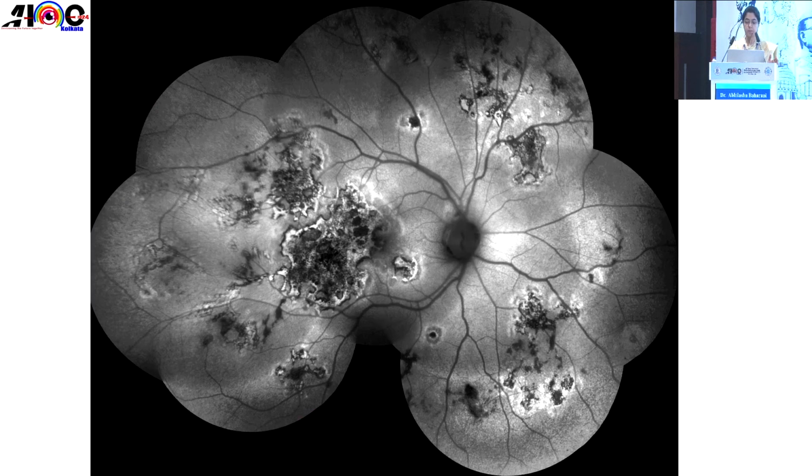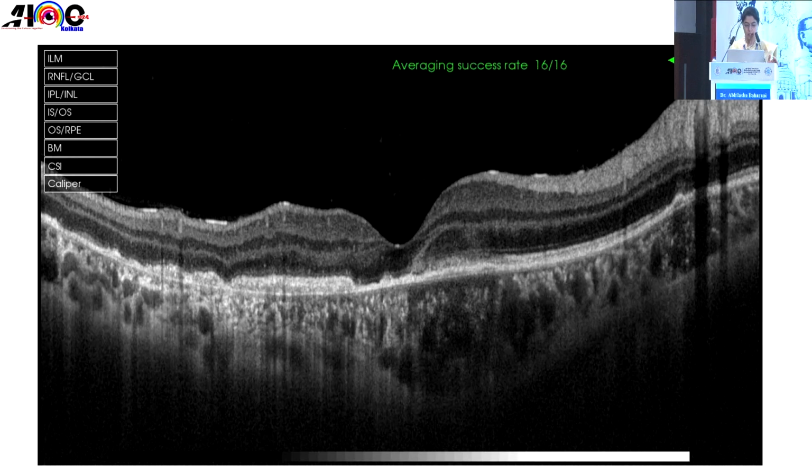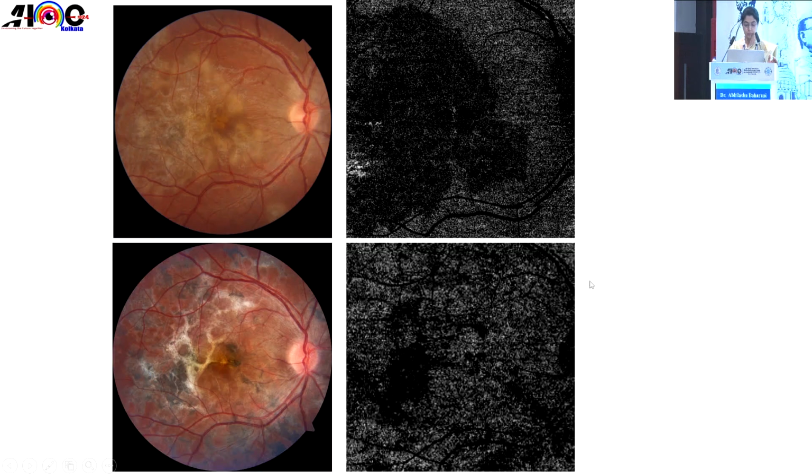Here there is staging in the fundus autofluorescence, where the active leading edge is hyperfluorescent and the inner healed areas are hypo. On OCT, the choriocapillaris is hyporeflective, there is hyperreflectivity of the RPE, and you can also see the double layer sign here. And there is localized thickening of the choroid.